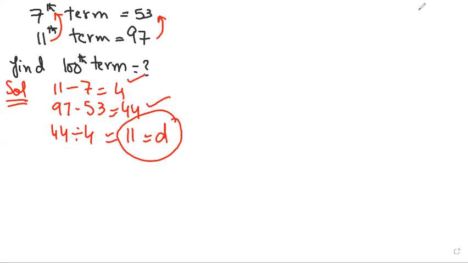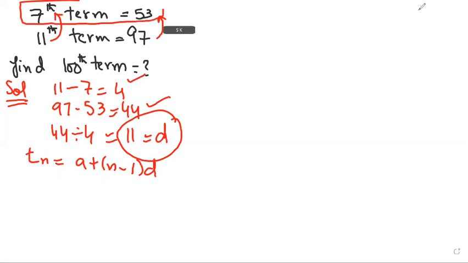In order to find it, first of all write my general term formula, which is Tn equals a plus n minus 1 times d. Now I have to choose any one of the terms. I'm choosing the upper one, which is the 7th term equal to 53.